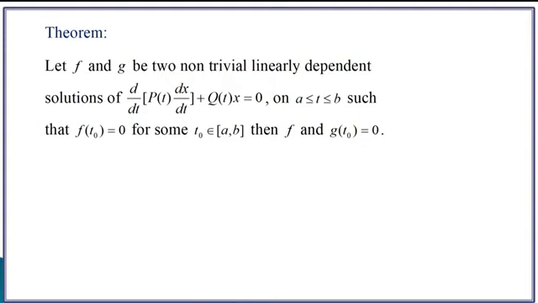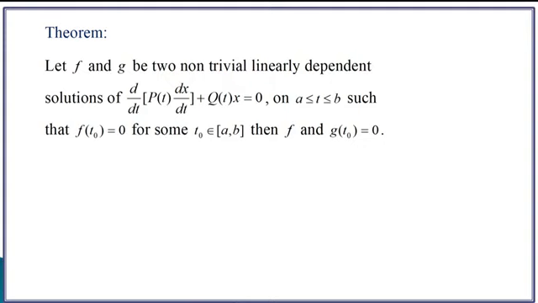Basically this theorem states that when you have two linearly dependent solutions of a self-adjoint equation, if one solution has a zero, then the other solution will also have the same zero. So two dependent solutions always have the same zeros. In other words, if f becomes 0 at a point, then g also becomes 0 at that point.